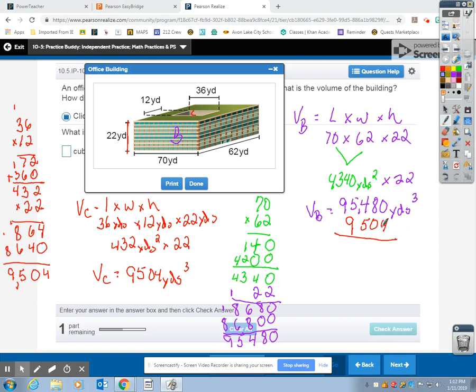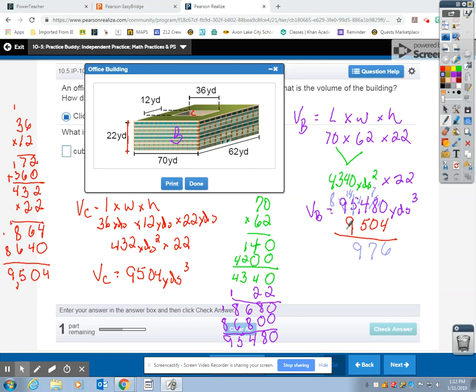I cannot do 0 minus 4, so I borrow, make that a 7. 10 minus 4 is 6. 7 minus 0 is 7. 4 minus 5 I cannot do, so I borrow. This becomes 14. 14 minus 5 is 9. 4 minus 5 I can't do, so I have to borrow.